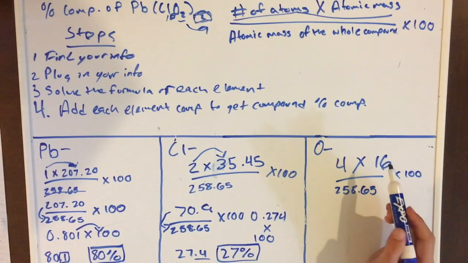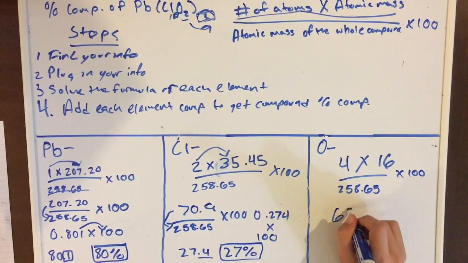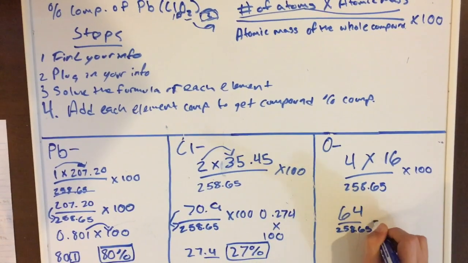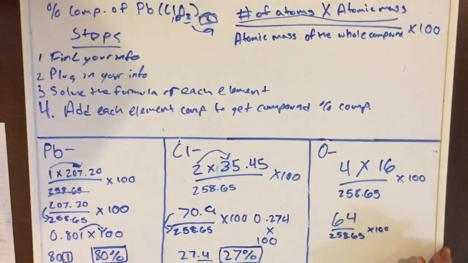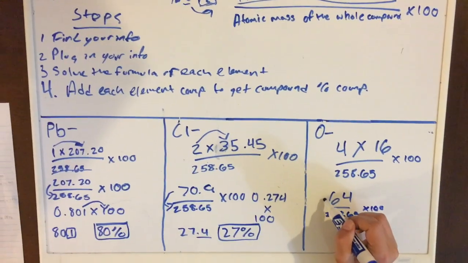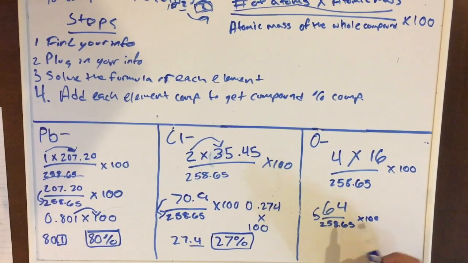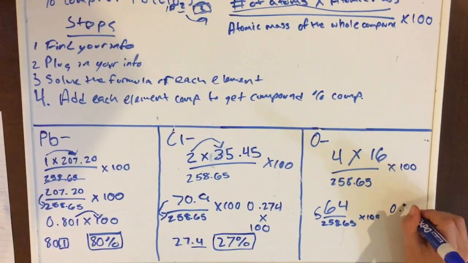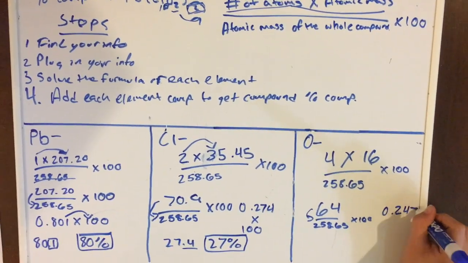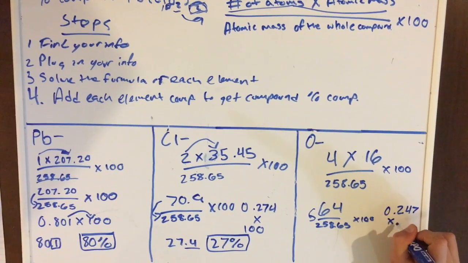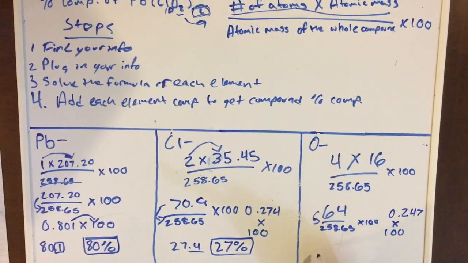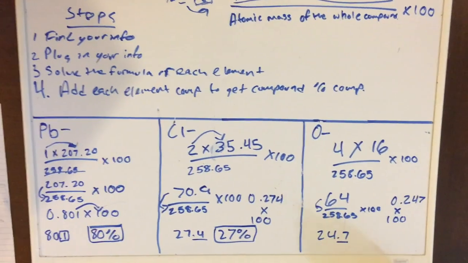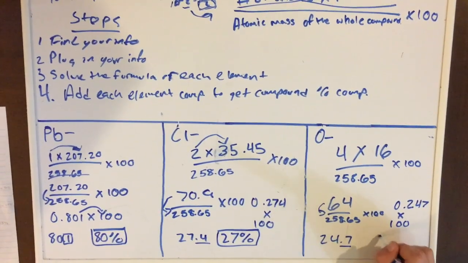So you want to do the first 4 times 16, which is 64, all over 258.65 times 100. And you want to divide 64 divided by 258.65, and you will get 0.247 times 100, and you will get 24.7. But still, you do not want a decimal, so you will round that up to 25%.